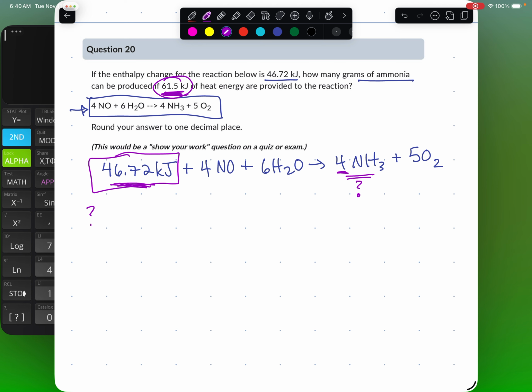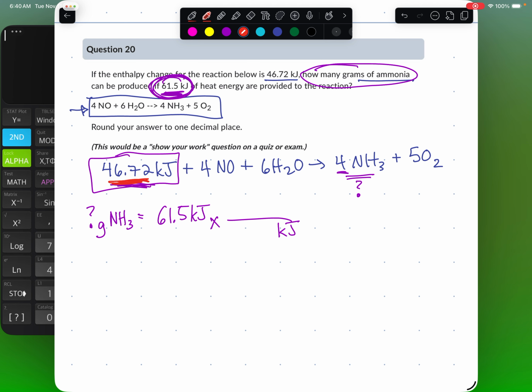So I want to know how many grams of NH3 equals 61.5 kilojoules of heat. That's what's given, the 61.5 kilojoules. This is what I'm trying to find, how many grams. And then I will multiply by a conversion factor where I put that kilojoules in the bottom so that it can cancel. I need an equivalence for that kilojoules.